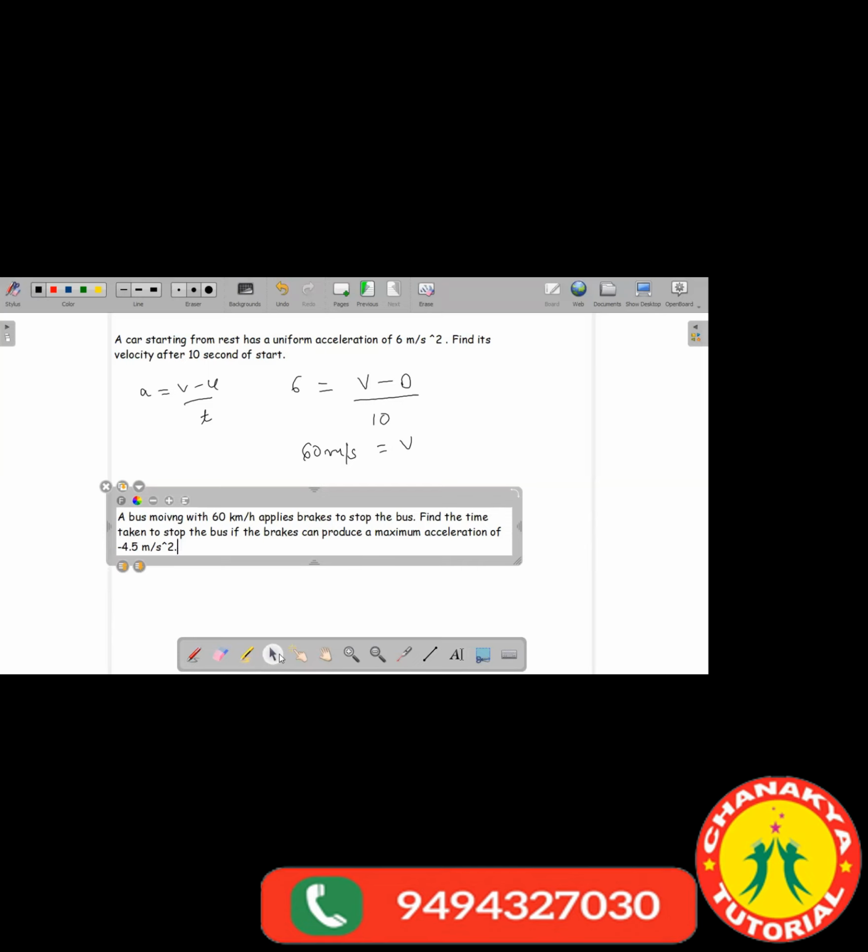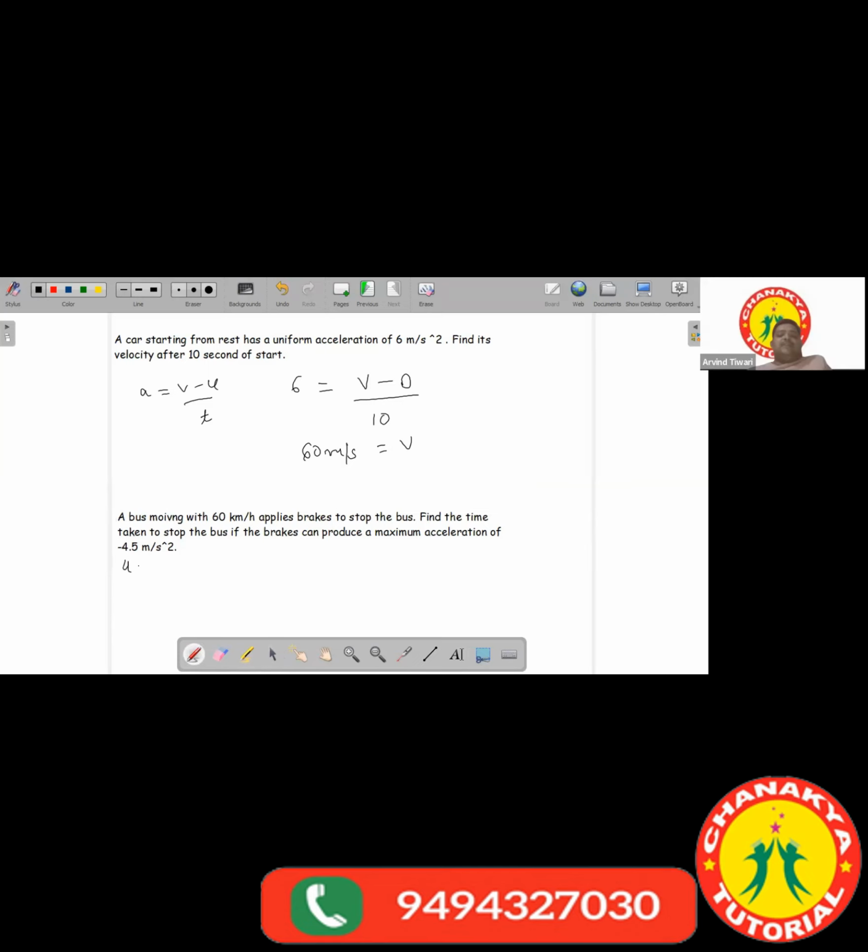Okay, what is the initial speed? 60 kilometers per hour. We write here initial velocity as 60 km per hour. And what is the final velocity? Sir, 60 into 5 by 18 will be the final. Yeah, that we will do here. We will do 60 multiply 5 over 18. Sir, I got it will be 16.67 if we round it off.